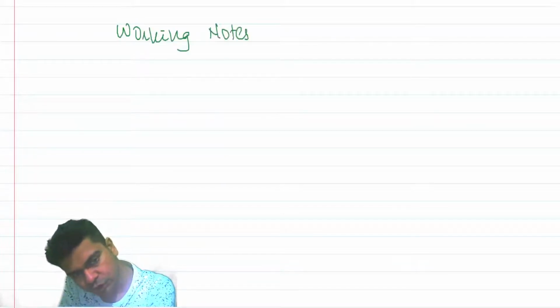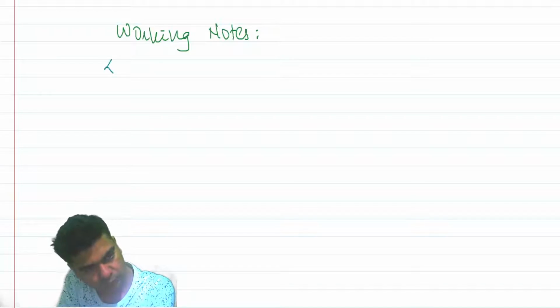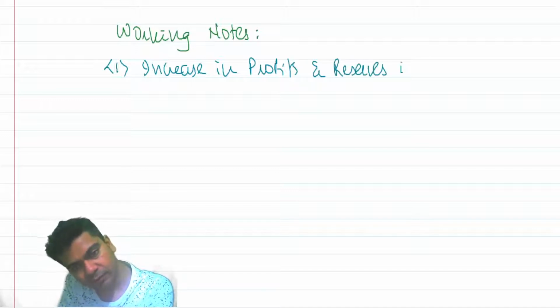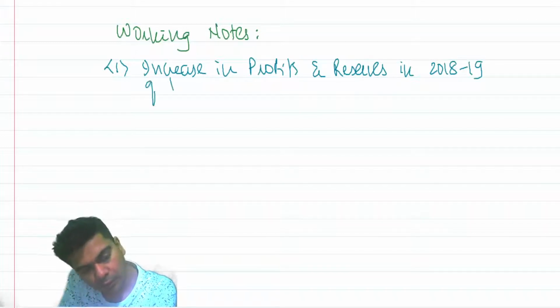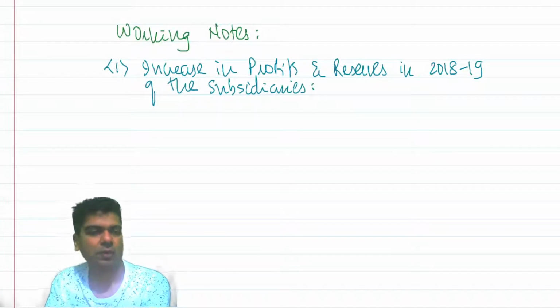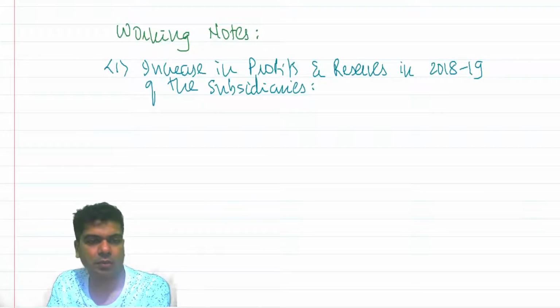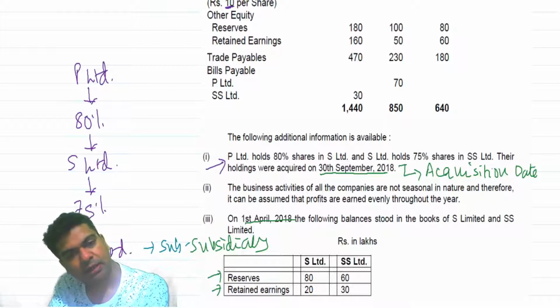We say working notes. The first one, increase in profits and reserves in 2018-19 of the subsidiaries. If we check with the balance sheet, they have given us the reserves and the retained earnings.